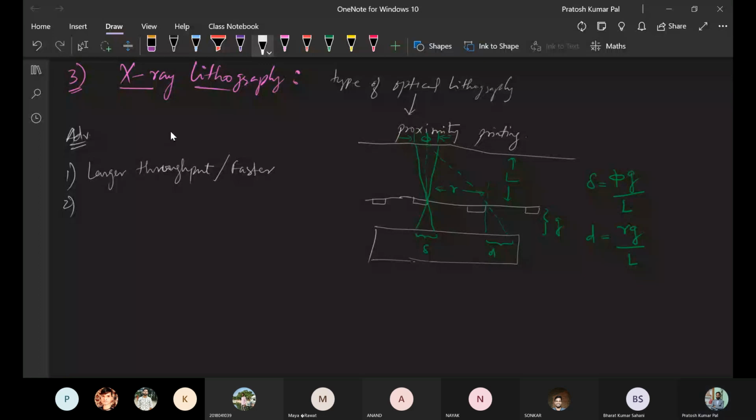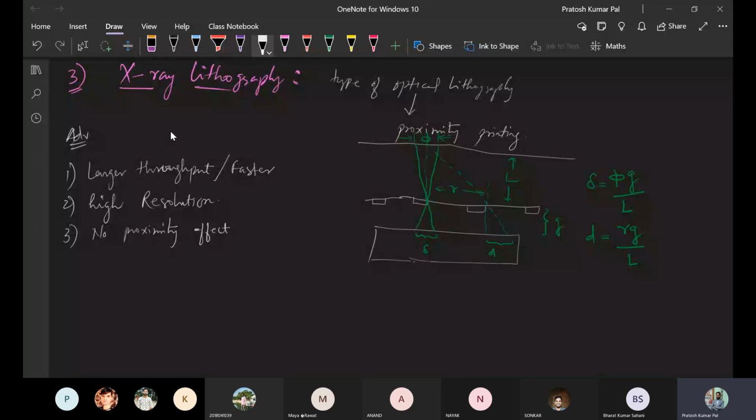Okay, it provides high resolution, and in X-ray lithography there is no proximity effect. In the previous electron beam lithography, we have seen there was a proximity effect. In X-ray lithography, there will be no proximity effect. Why is there no proximity effect? Because X-rays have less energy as compared to electron beams.